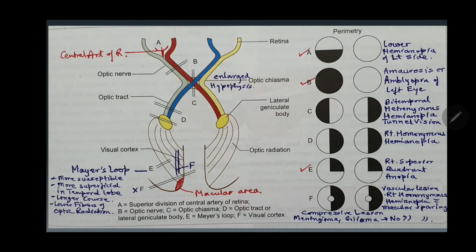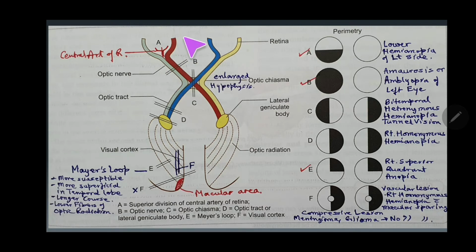And why will this be injured? The cause of injury may be basically ischemic. The central artery, when it reaches from the optic disc, gives its two branches, upper and lower. I have taught you about the blood supply of the retina.